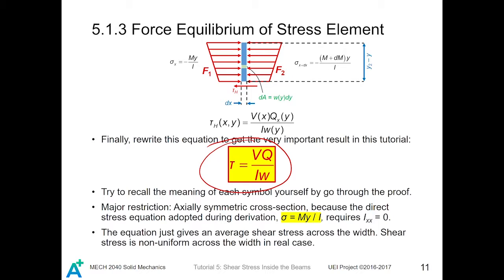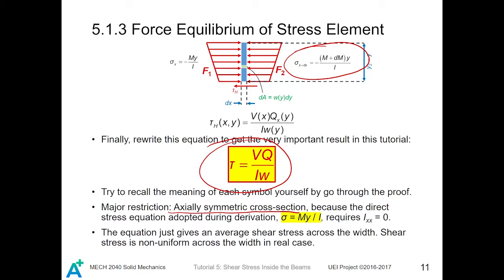But still, recall some major restrictions regarding the use of this equation. It is only useful for axially symmetric cross-sections. Recall that for the direct stress formula in the last tutorial, we tried to write a general version which applies to all cases, all cross-sections.